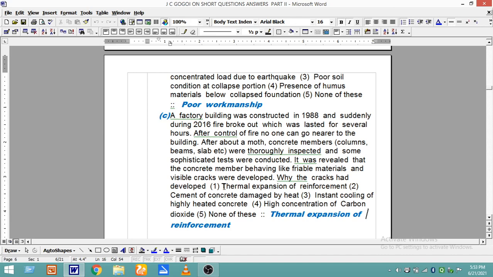Because of the friable nature, the outer surface can be damaged for other reasons, but since there are cracks inside, it is mainly because of thermal expansion of reinforcement.